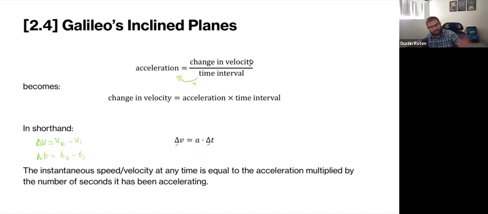That's all the delta is. This is about as compact as you can make these equations. So essentially, the instantaneous speed at any time is equal to acceleration times time, essentially how long that acceleration has been in effect. Okay?